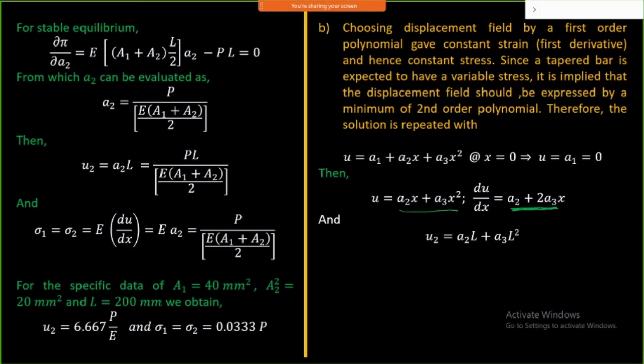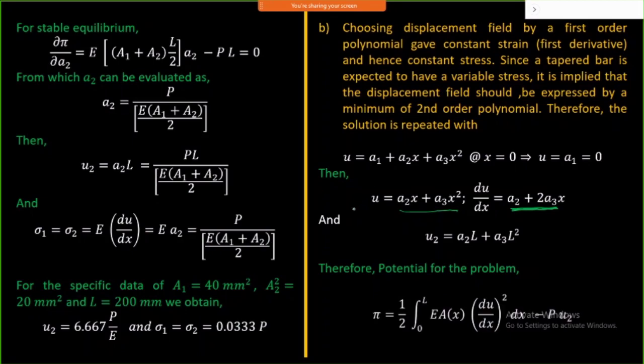Now you can substitute at x equal to L, and we can determine the potential of the problem finally. Because here this U2 is at x equal to L. That is what we need to substitute, and we'll get the displacement at point 2, that is U2 is equal to V. So this displacement is to be substituted into this potential equation, and the rest of the parameters we can again substitute and process further.